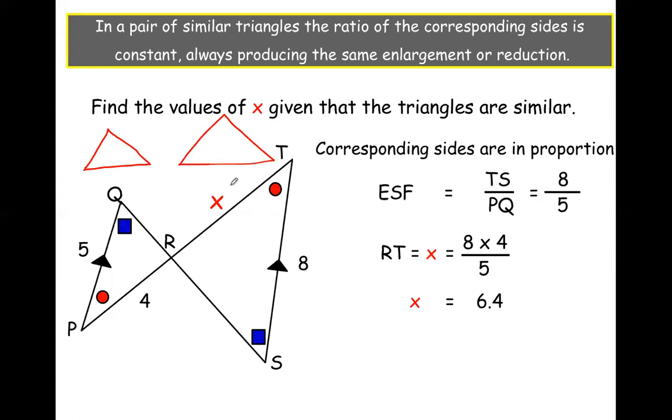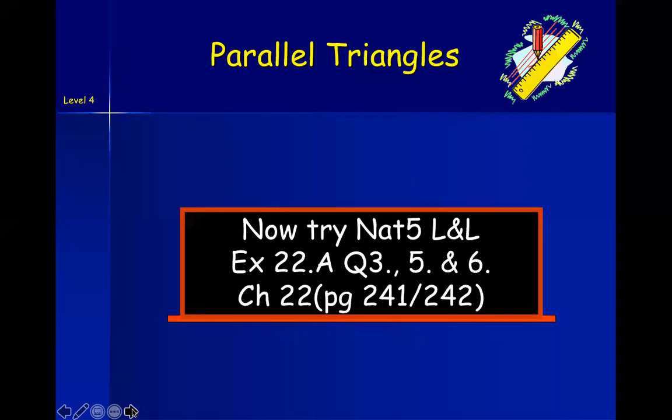And then you can say, okay, this is 8, this is 5, this is 4, this is X. So this is a typical question that comes quite often during exams with similar triangles.